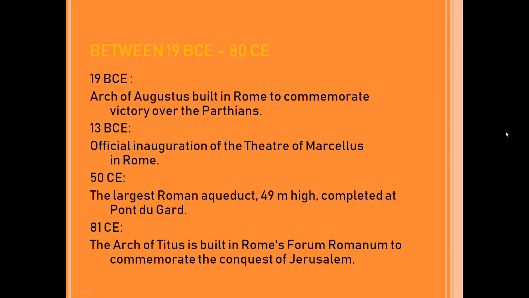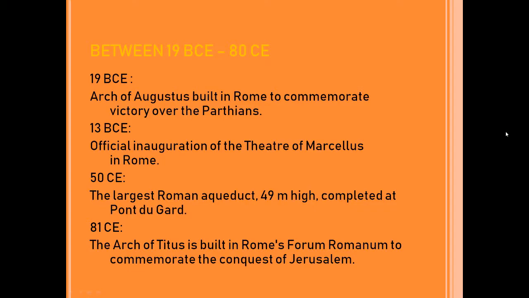Between 19 BCE and 80 CE, there's a lot of things that happened. In 19 BCE, the Arch of Augustus was built in Rome to commemorate his victory over the Parthians. And then in 13 BCE, the official inauguration of the Theatre of Hercules happened.